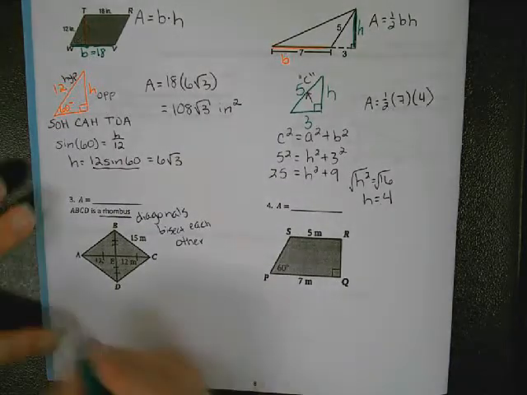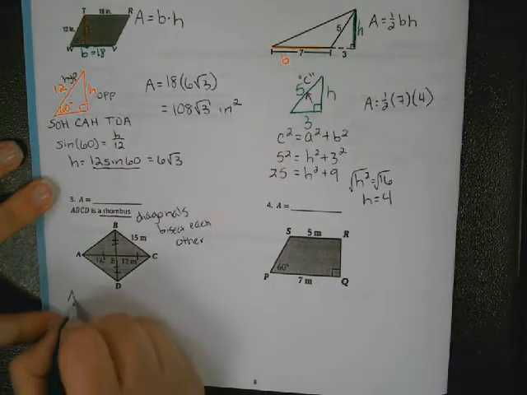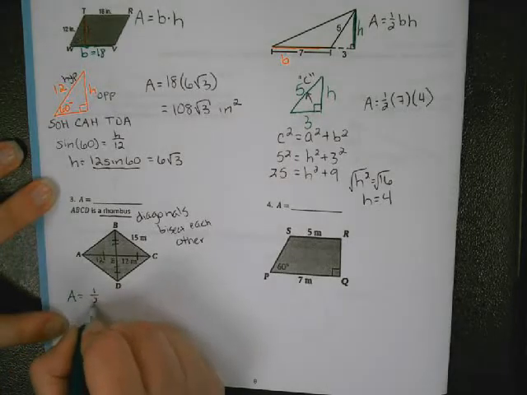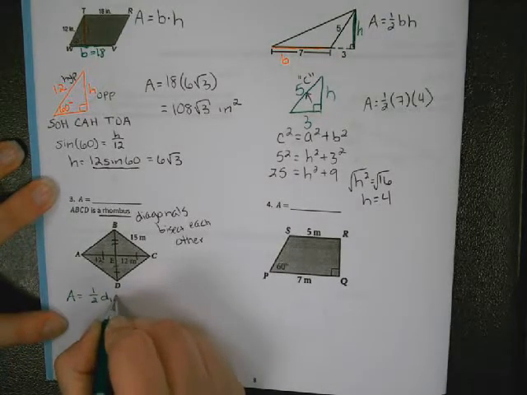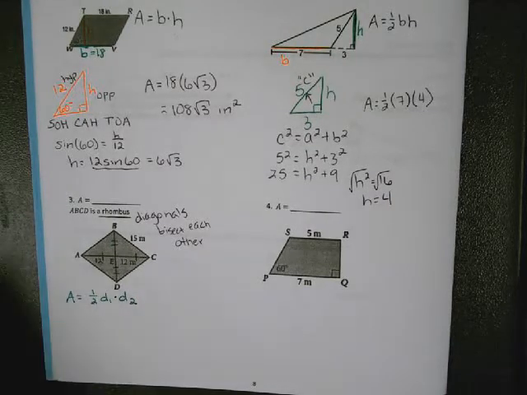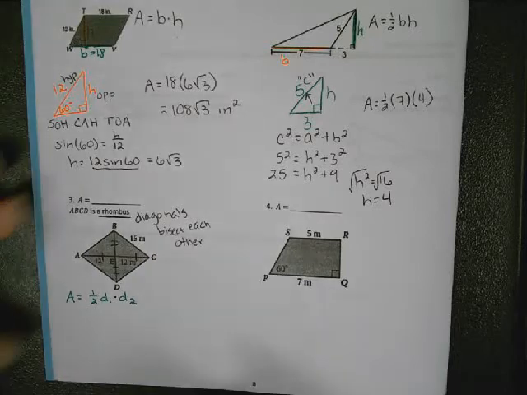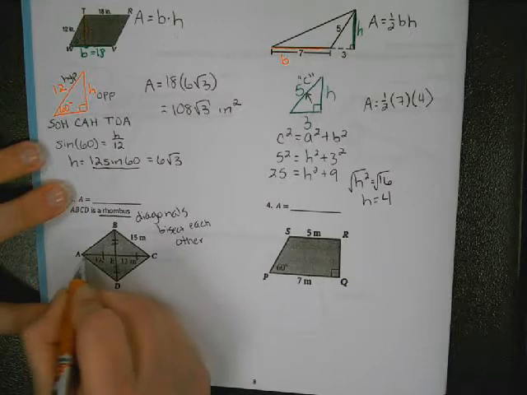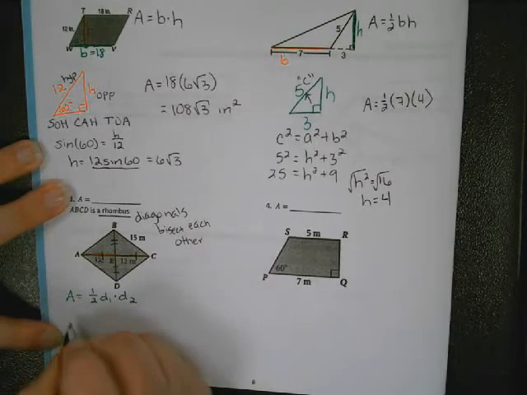Okay? In order to find the area of a rhombus, we are going to have to do 1/2 diagonal 1 times diagonal 2. And remember, a diagonal goes from corner to corner. So if we say, let's start with AC. So AC, I'm going to call that my diagonal 1.